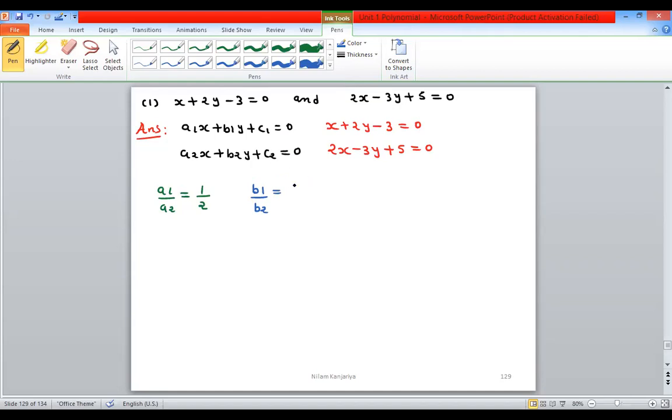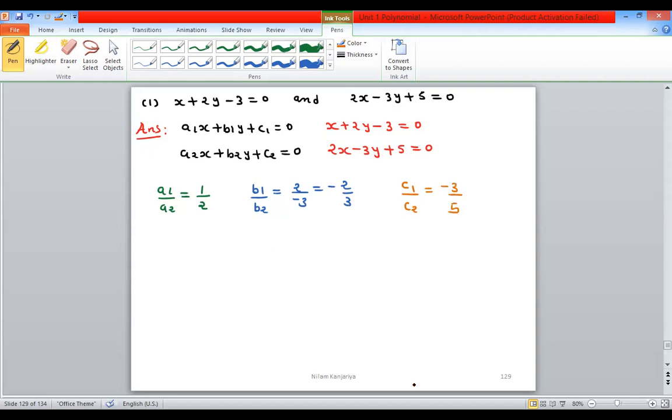That is 2 upon minus 3, that is minus 2 by 3. And last I'm finding c1 upon c2, comparing with the general equation, this is minus 3 by 5.